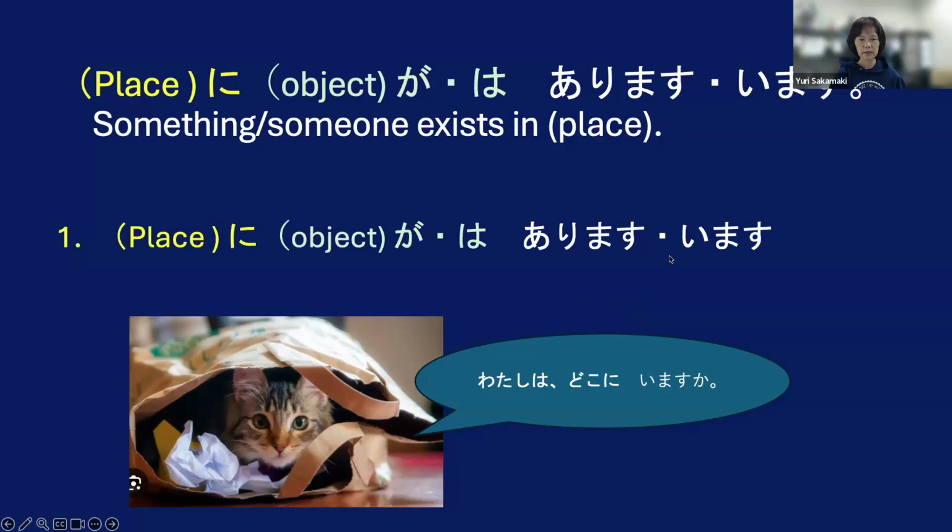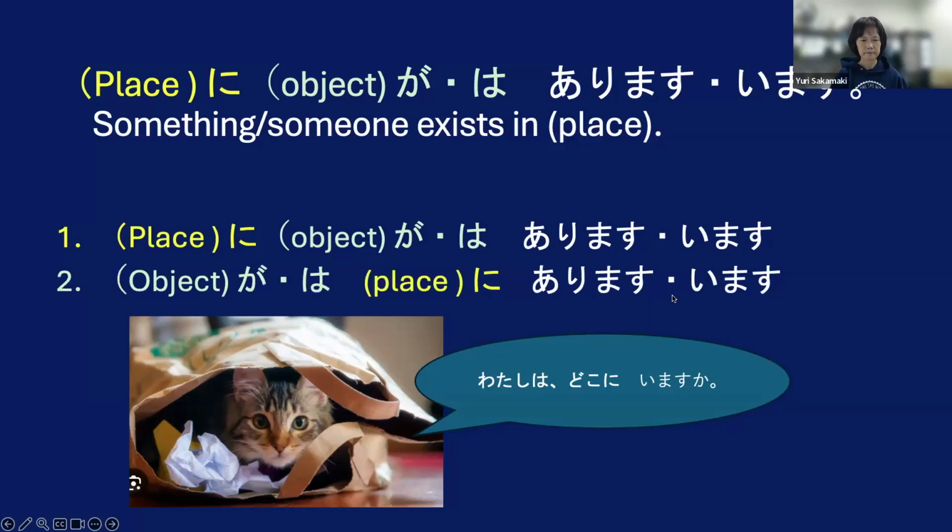So I would use imasu. So that would be カバンの中に猫がいます. So that would be the cat exists in the bag. The cat is in the bag. Or you can say who exists: 猫がカバンの中にいます. That would be fine too.